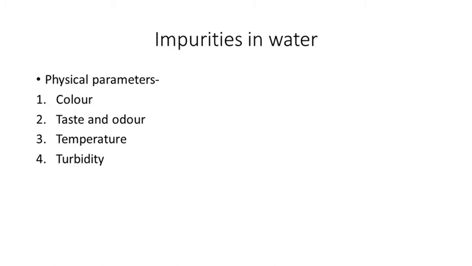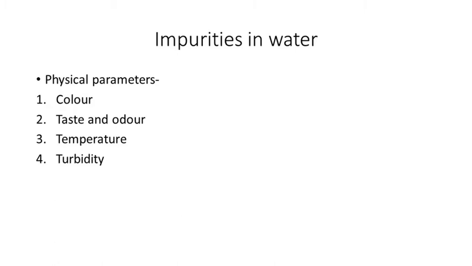The light is scattered in different directions, and that is the phenomenon of scattering of light, and that is nothing but the principle of the nephelometer. On that basis we measure the turbidity of that water sample. NTU is the unit of measurement of turbidity, called the nephelometric turbidity unit.